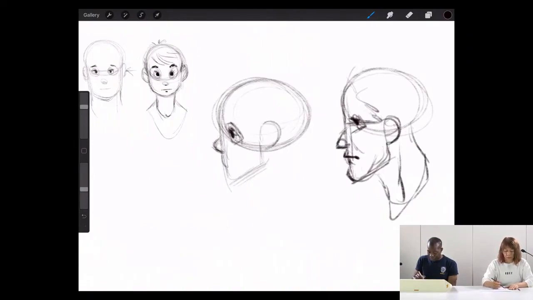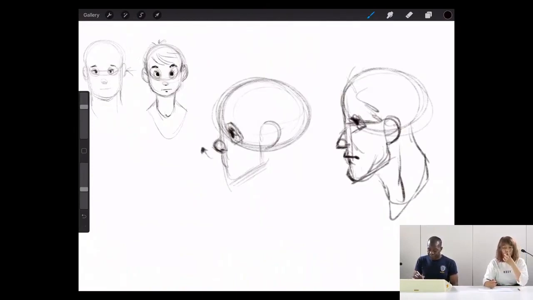And actually, I heard that in most children, the nose is usually at an upward angle.